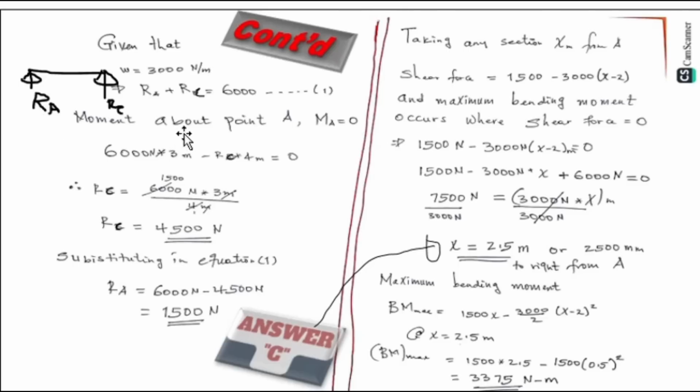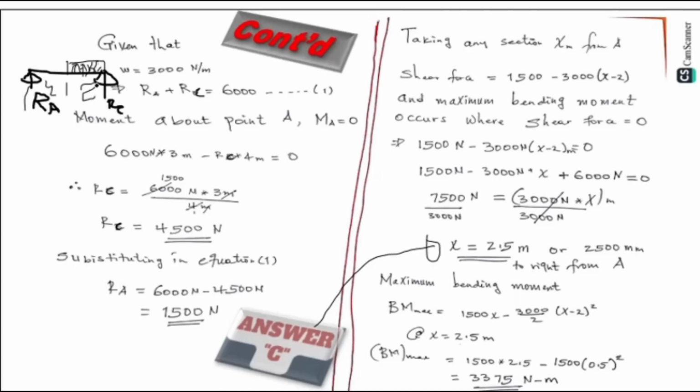Now the moment about point A: when we take the moment at point A, the summation of moments at point A is equal to 0. Here the uniformly distributed load runs over a length of 2 meters, and the other span is also 2.